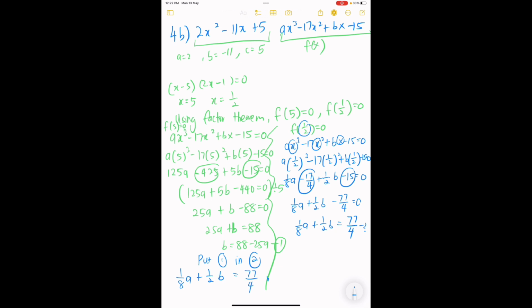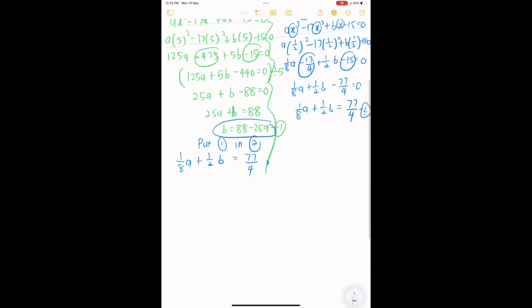This is the second equation, right? So b, you change to this. So look at my b, I will change to 88 minus 25a equal to 77/4. Get 1/8a plus 44 minus 25/2a equals 77/4.